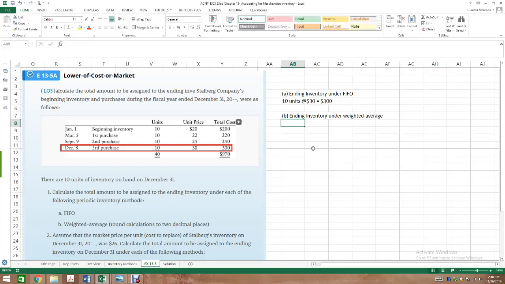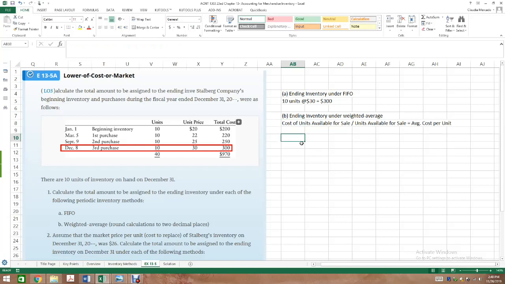Now for that one, we're going to get our cost of units available for sale, and we're going to divide by the units available for sale to give us our average cost per unit.